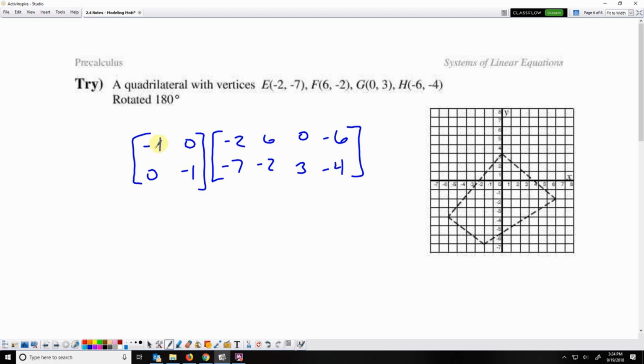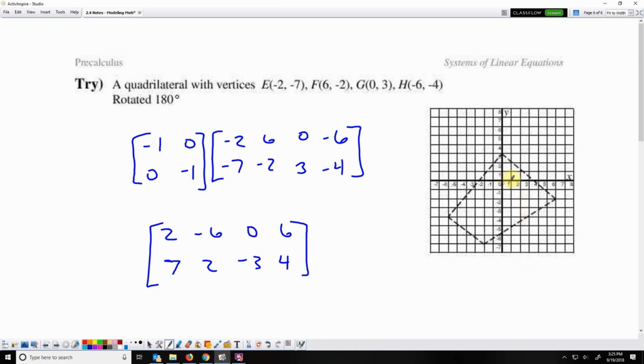Okay, so first row by the first column, we've got 2 plus 0. And the second column, negative 6 plus 0. 0 plus 0. And 6 plus 0. Then the second row by each column, 0 plus 7, 0 plus 2, 0 minus 3, and 0 plus 4.